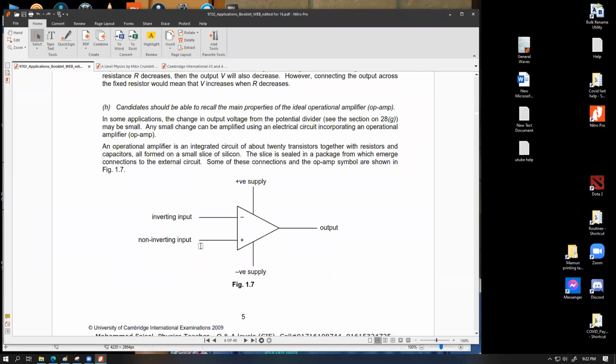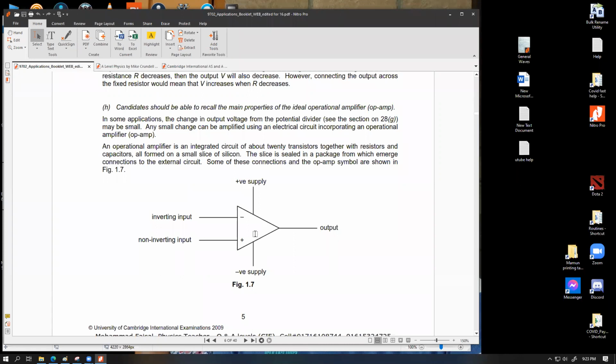These are the 2 input sides where we're going to send the input signal, or we're going to feed the device the weak signal. This device is going to take in that weak signal, and then it will amplify this output using the supplies.